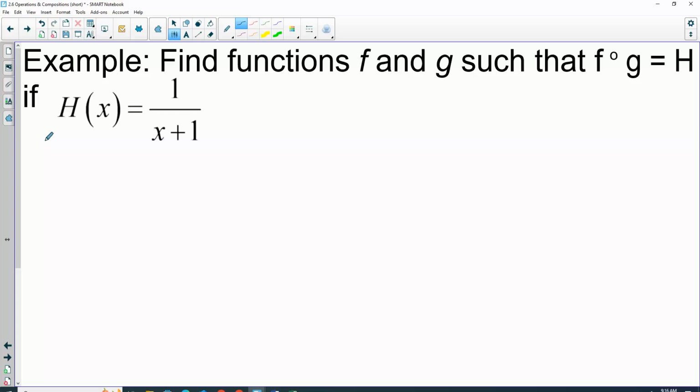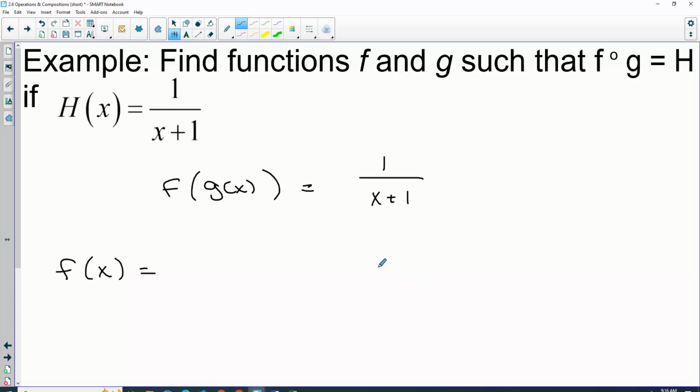I want to find functions f and g such that f composed with g is equal to h if h is 1 over x plus 1. So this means when I did f of g of x, I got 1 over x plus 1.